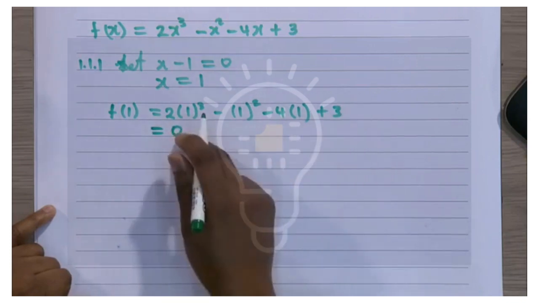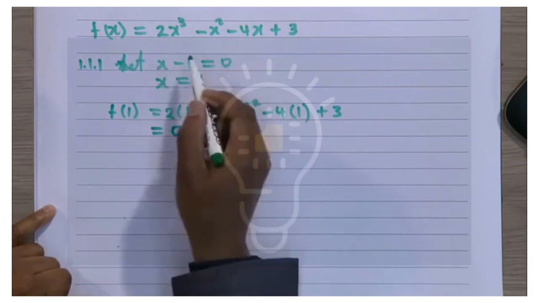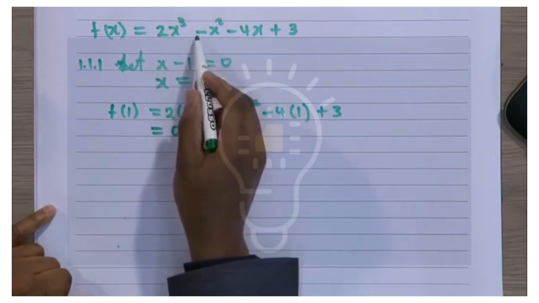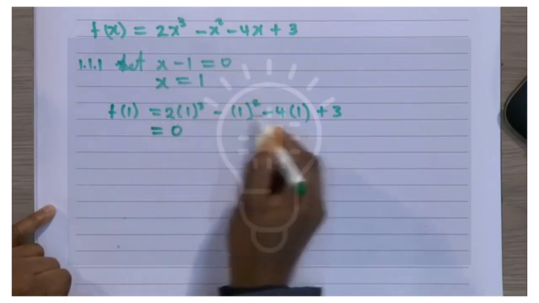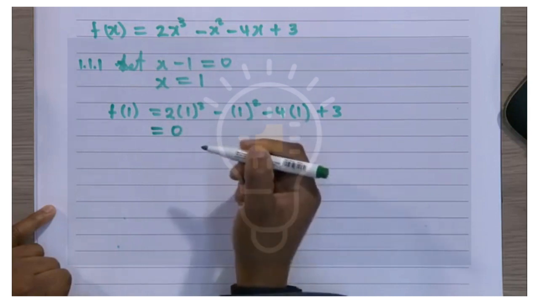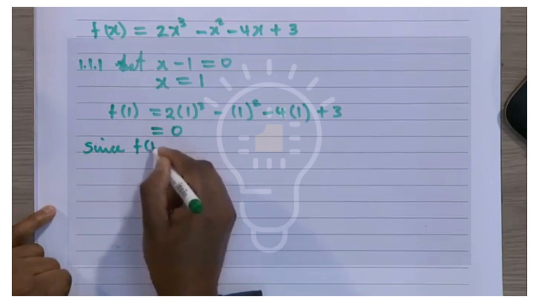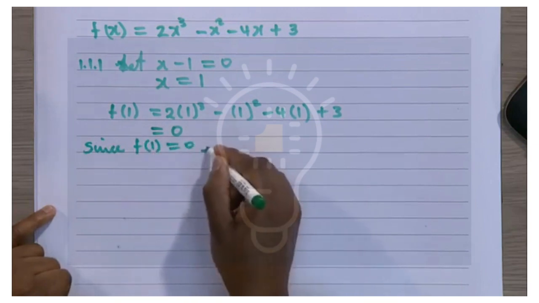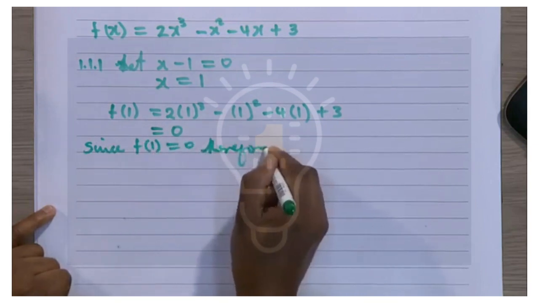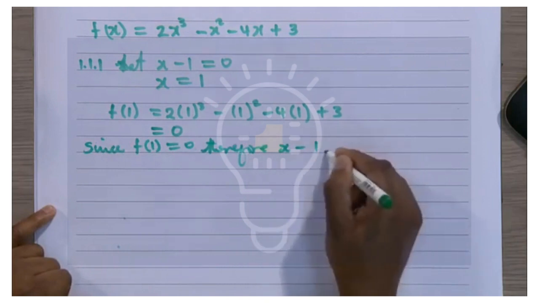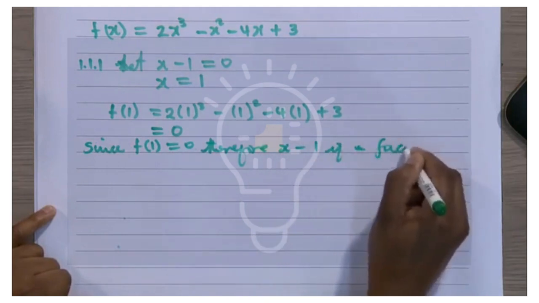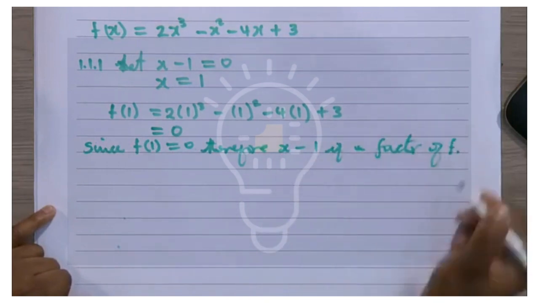So we have shown that x minus 1 is a factor of f of x, because when we substitute this into the function, we get 0. But this is not enough. We say now, since f at 1 equals 0, therefore x minus 1 is a factor of f.